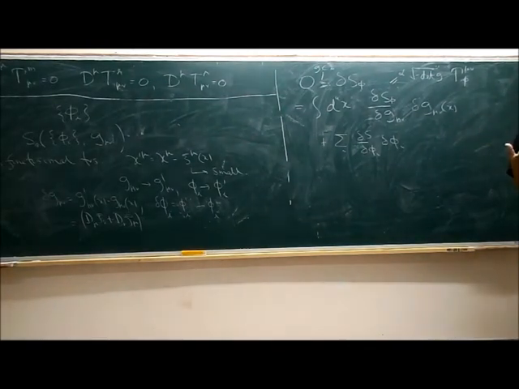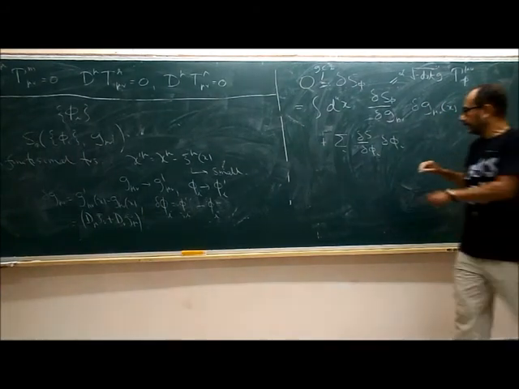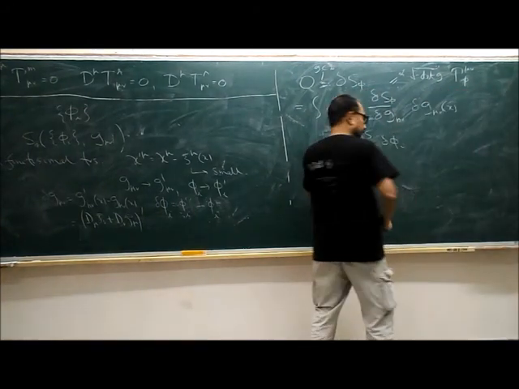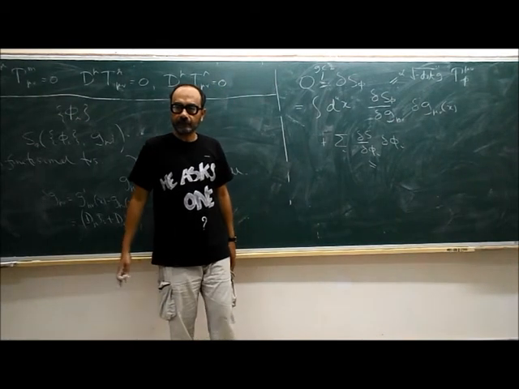When you derive Einstein's equation from a variational principle, this is how you had introduced T mu nu, as a variation of the action with respect to G mu nu. Is that clear? This one, what can you say about this? Not much in general.